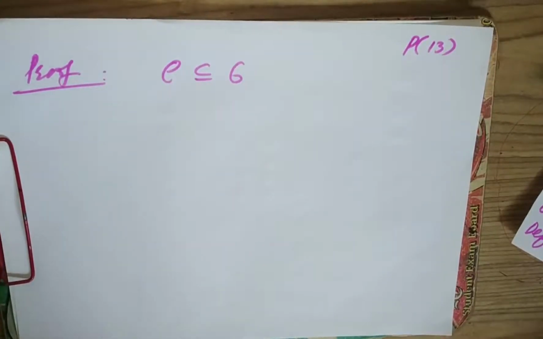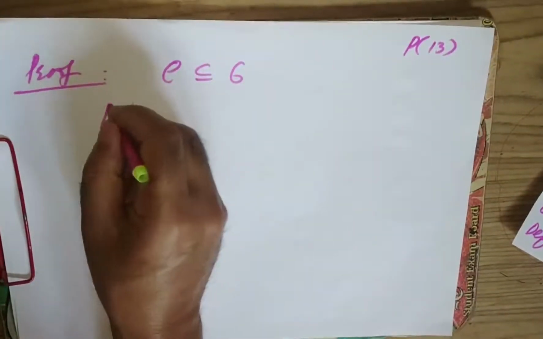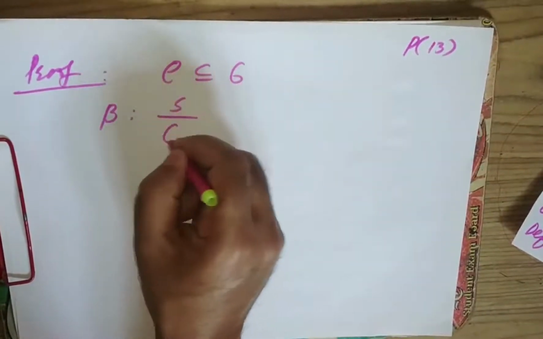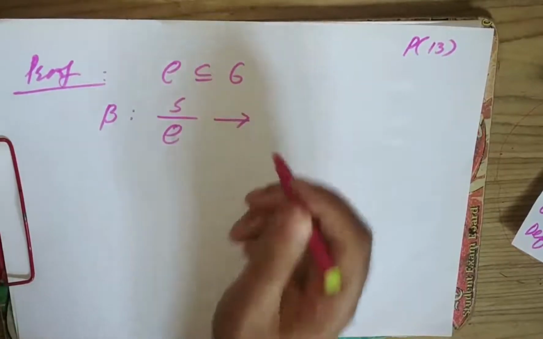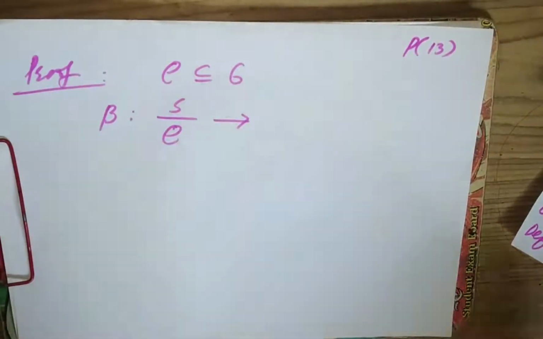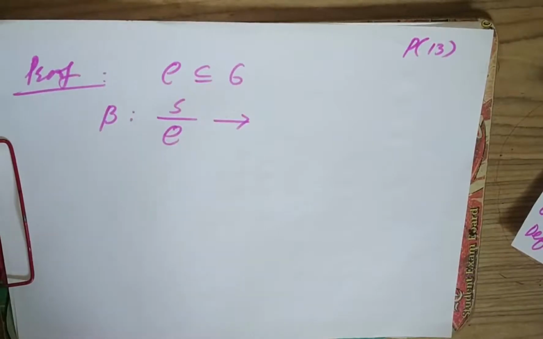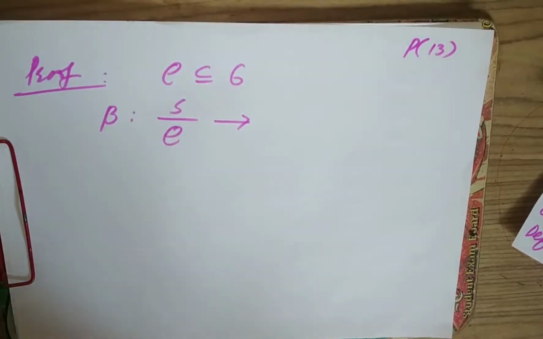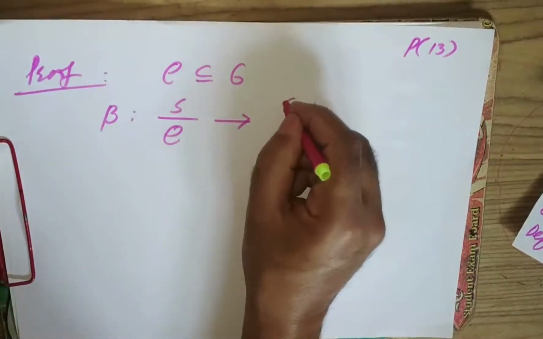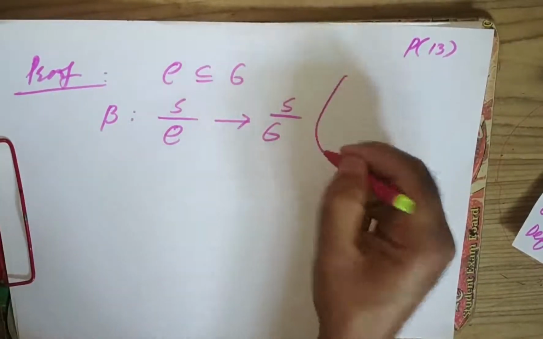Then there is a map beta from S over rho to T. But what's T here? In our case, our T is S over sigma.